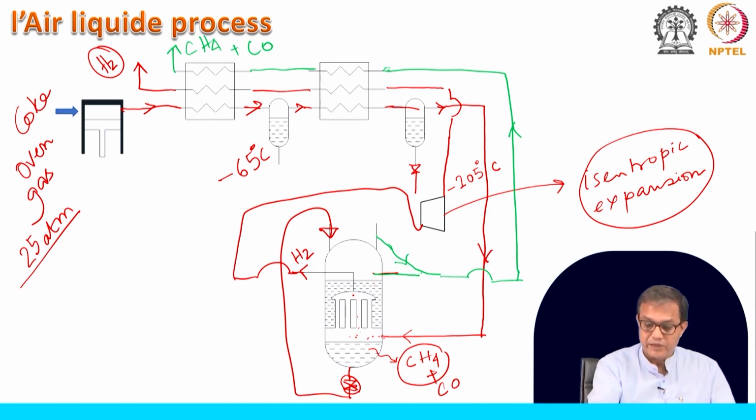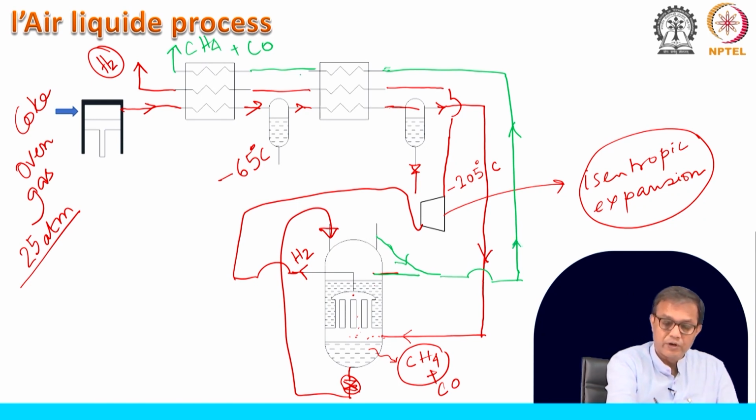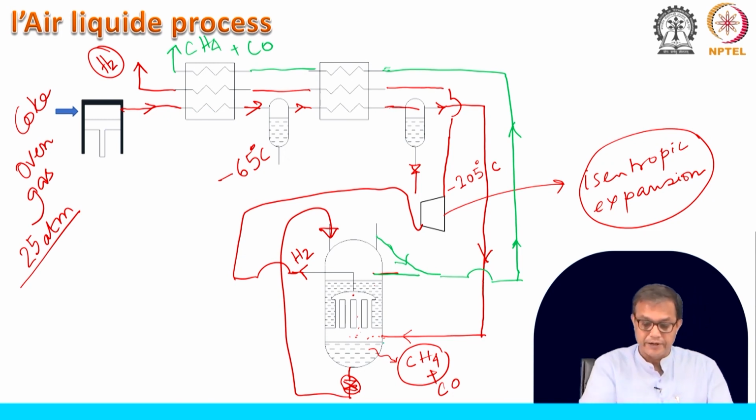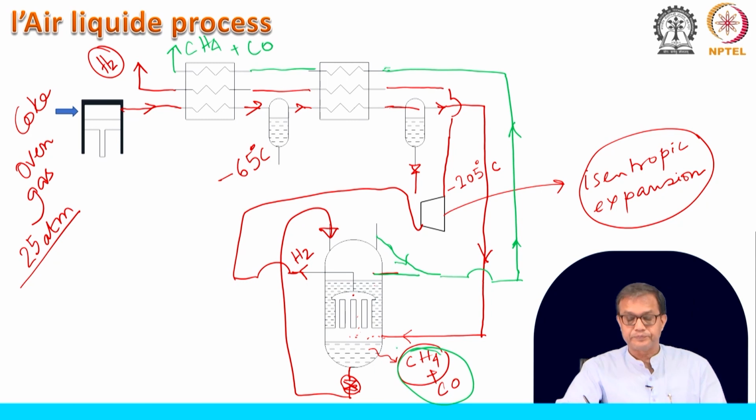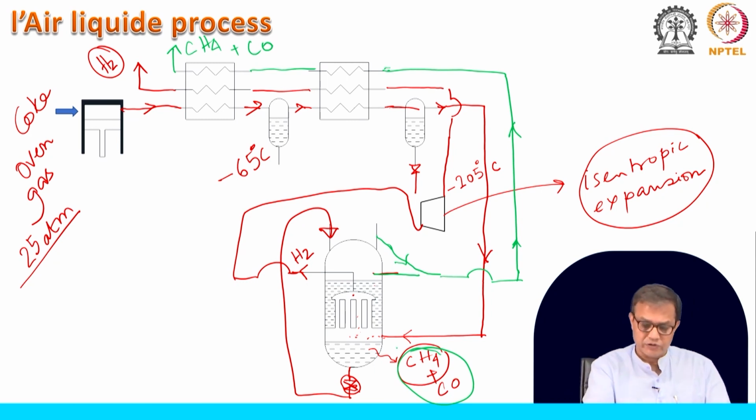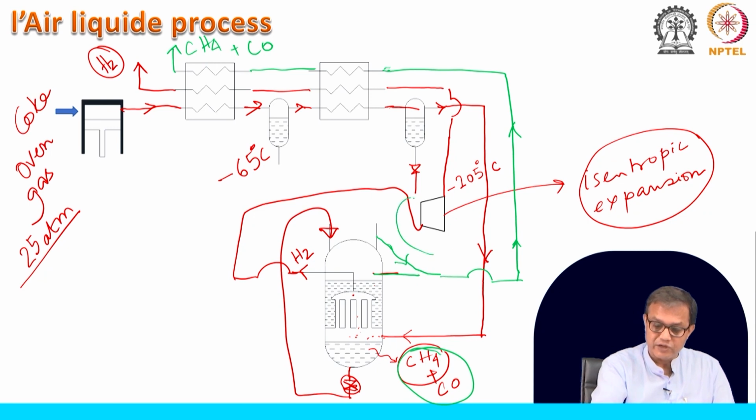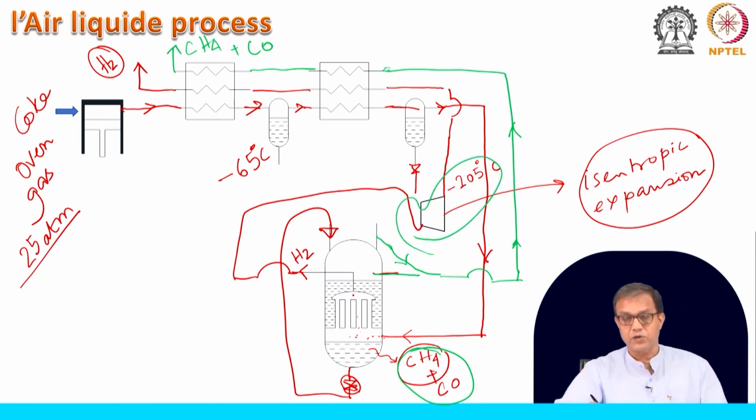But it is cold fuel. So, basically you can understand that we will take its cold to cool the incoming high pressure gas when it was coming to this condenser evaporator. This CH4 CO part, which has been liquefied, this refrigeration has come from here.